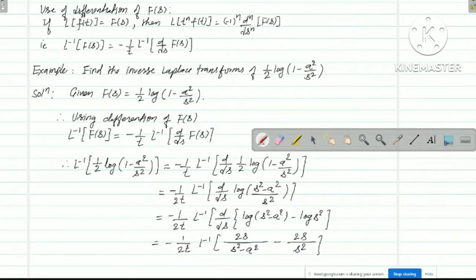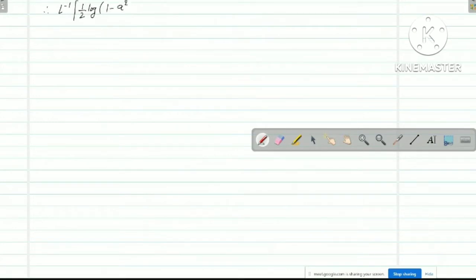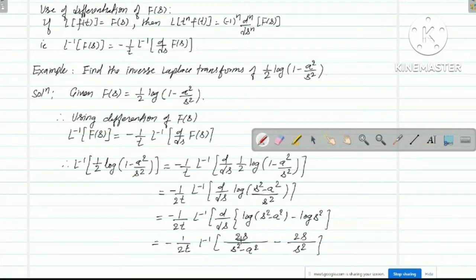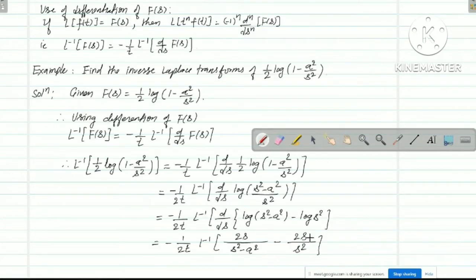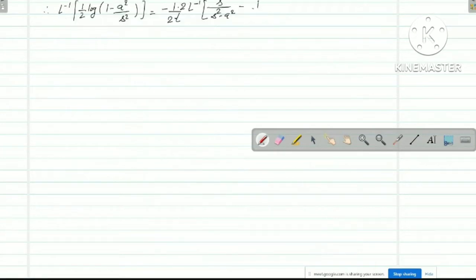So therefore L inverse of 1 by 2 log of 1 minus a square by s square is equal to negative of 1 by 2t L inverse, I'm taking 2 common from both terms. So here you will get 2, then s upon s square minus a square minus 1 upon s, since the s will cancel.